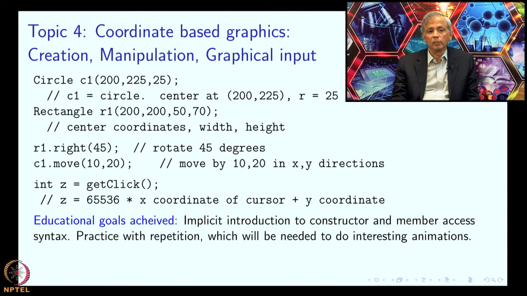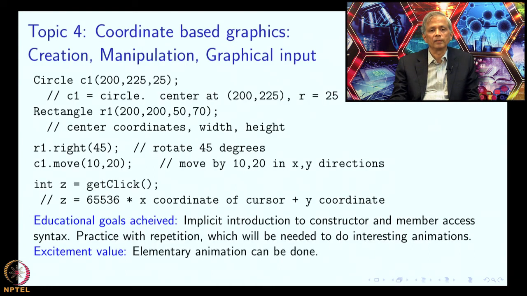And moreover, once students can create circles, squares and move them around, they will be able to do interesting animation. And to do interesting animation, they will have to use repeats, so they will get an occasion to practice repeats, and that is certainly a core activity in computer science.